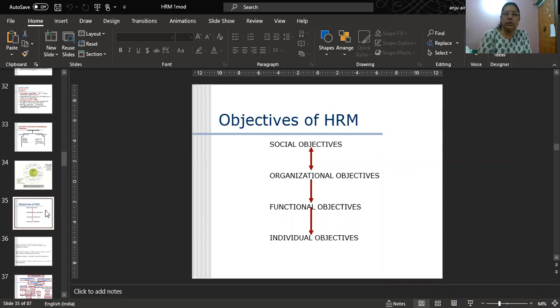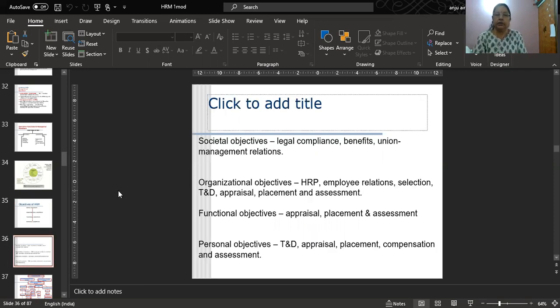That is each department functional objective. So marketing department, HR department, accounts, manufacturing, all the departments will decide their objectives based on the organizational goals. And based on the departmental objectives, the individual employees' objectives will be finalized. So this is how the objectives of HRM is passed on from the society level to the individual employee level. This is how the objectives are determined at each stage.